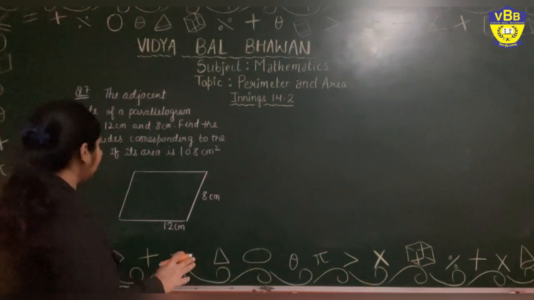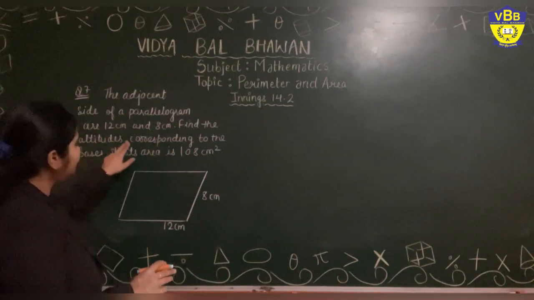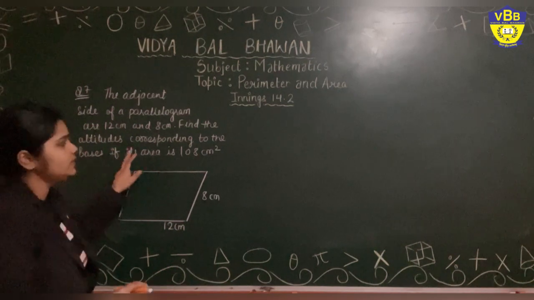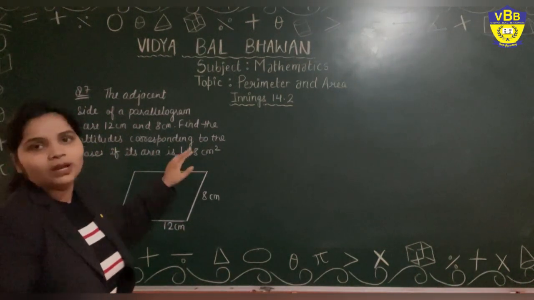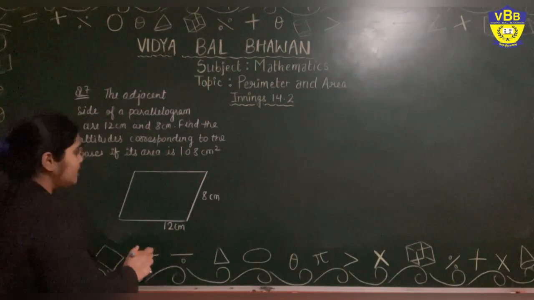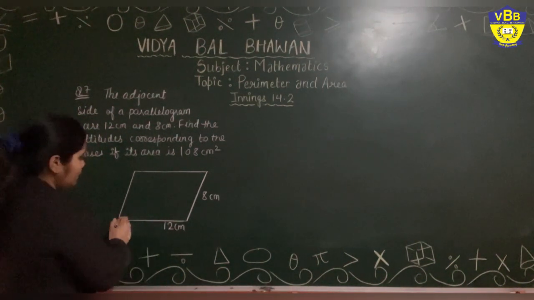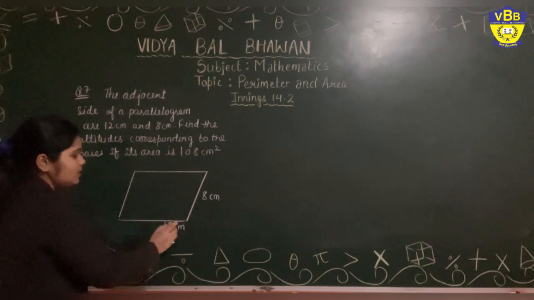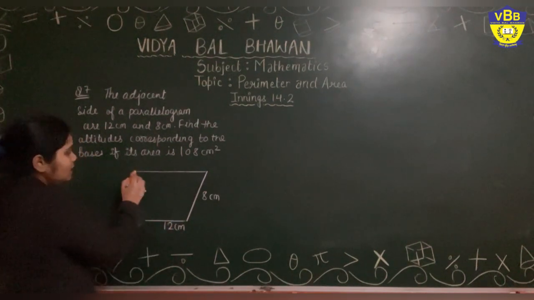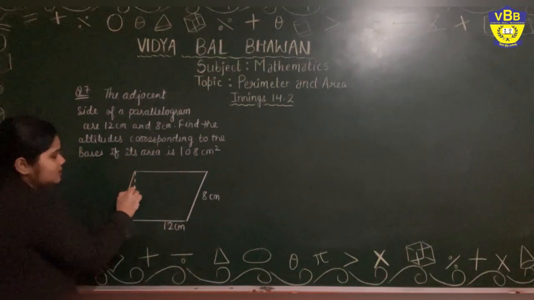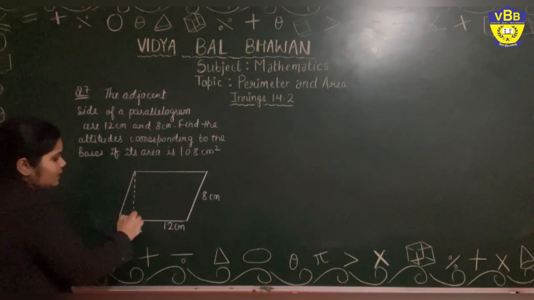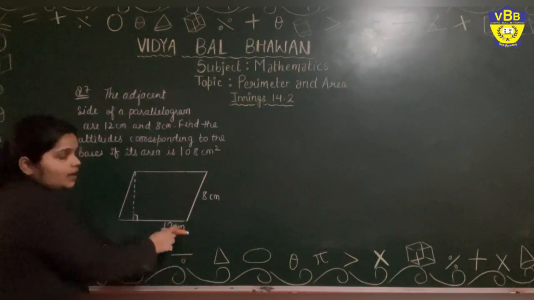Find the altitudes corresponding to the bases if its area is 108 centimeter square. That means first we need to know the corresponding height of each base. If I am talking about this base 12 centimeter, it will have its corresponding height this one.